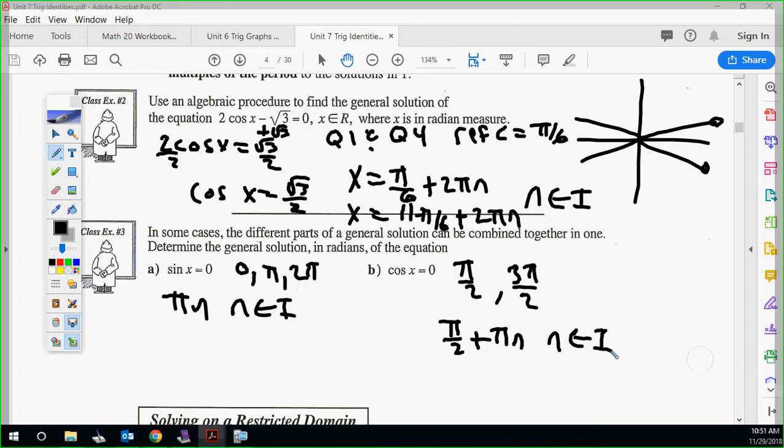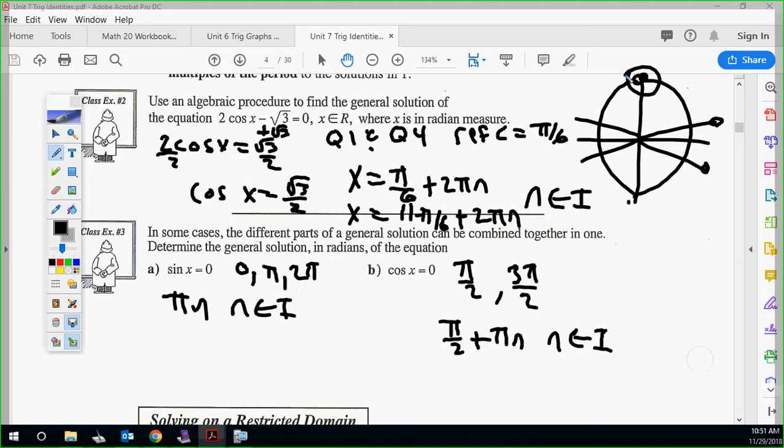This time we have to add pi n because this one landed on pi. So we can just say pi n, but this one starts at pi over 2. In terms of where we're at, this is when cosine is 0. So it happens here, here, here, here every time. And that's a pi. So every time you add pi to this number, it's going to land back on that spot. So to answer your question, Sydney, every rotation of pi, cosine is 0 from pi over 2.